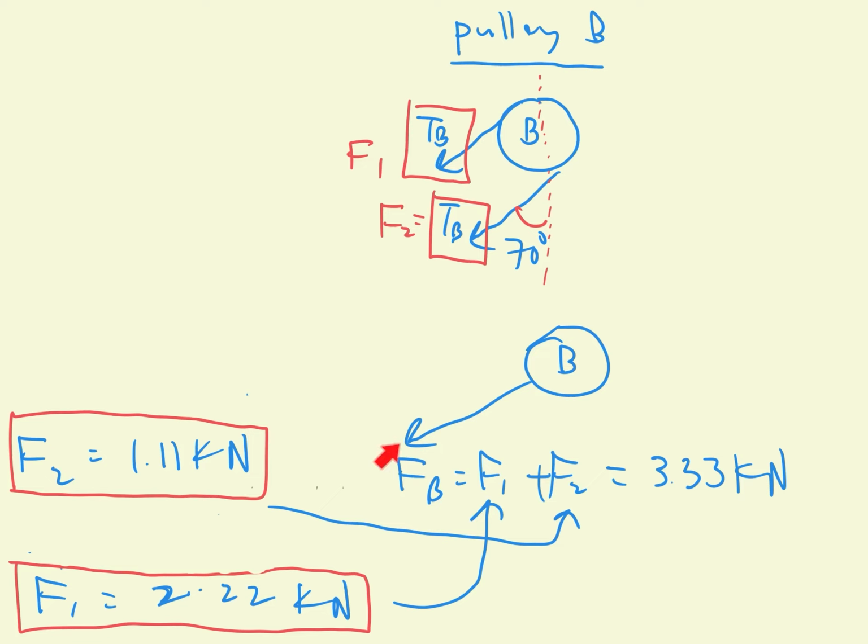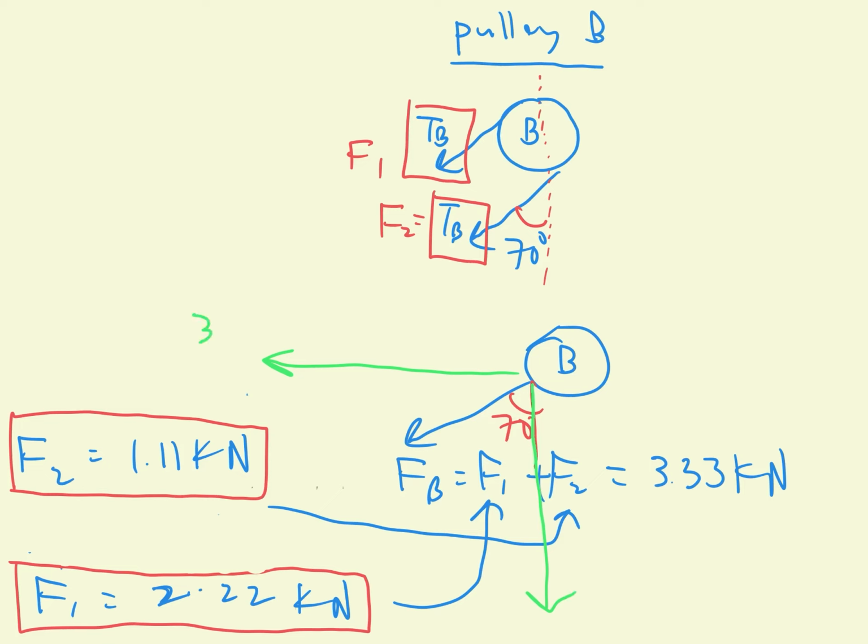From this figure, the direction of this force F is at an inclined angle of 70 degrees to the vertical. So we need to resolve it into X and Y components.